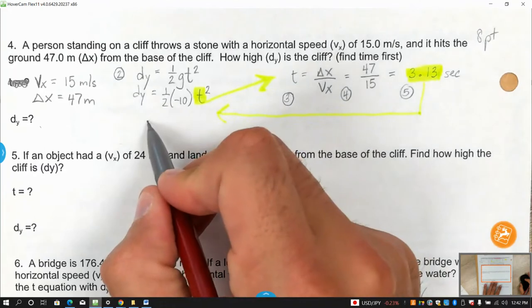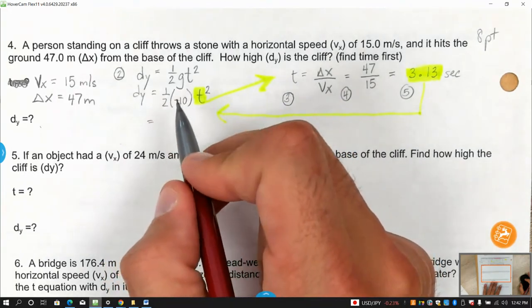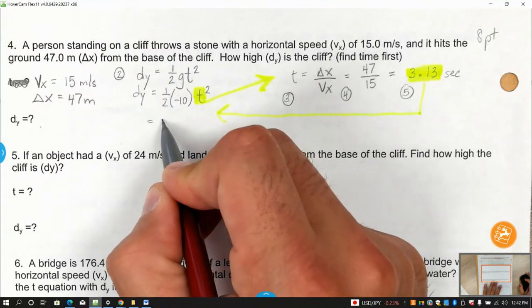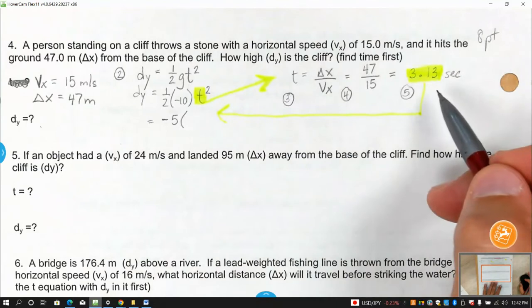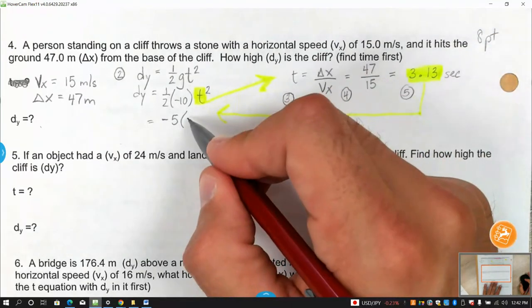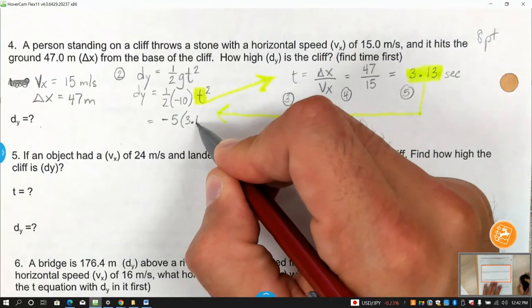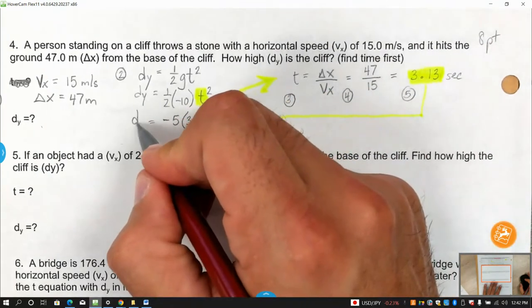What is 1/2 of negative 10? Anyone? -5. Correct. So we can do -5. Now we can do t squared, and again, you only square t. So this 3.13 squared, throw that into parentheses.